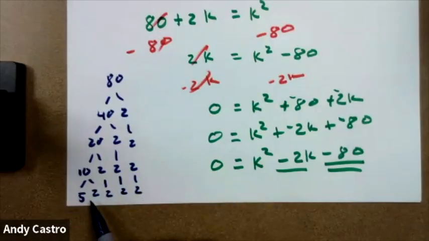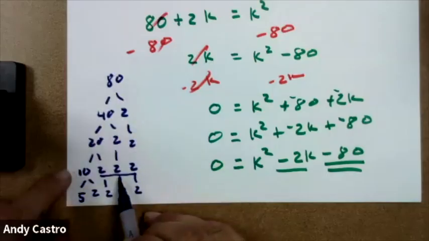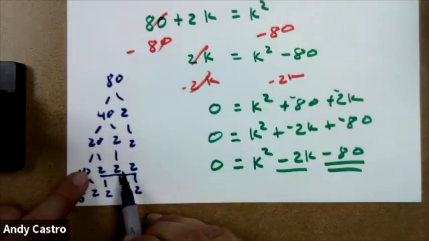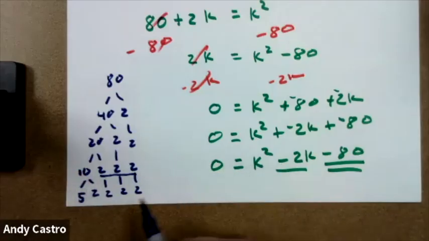So 10 and, let's see, 2 times 2 is 4, times 2 is 8. Oh, there we go. 2 times 2 times 2 is 8. 8 times 10 is 80. And then 8 and 10 are 2 apart. So we just have to figure out where those are.